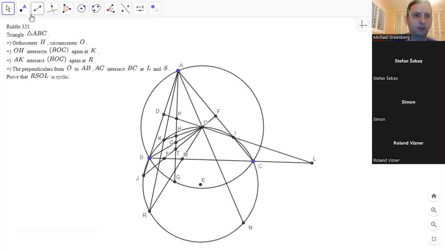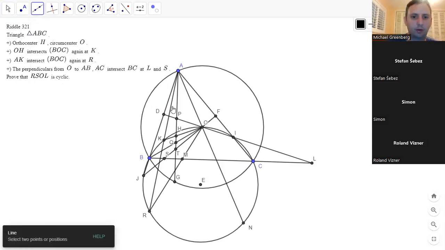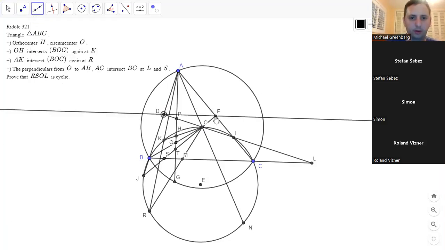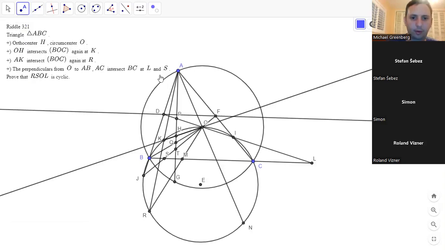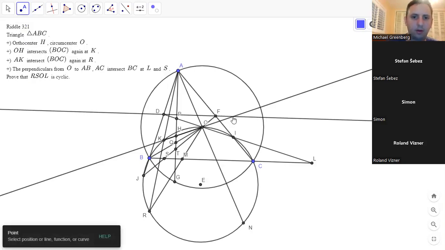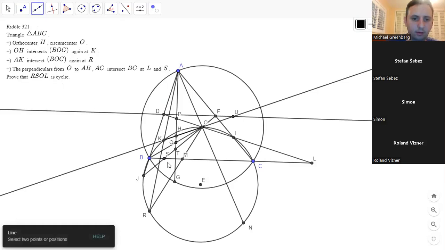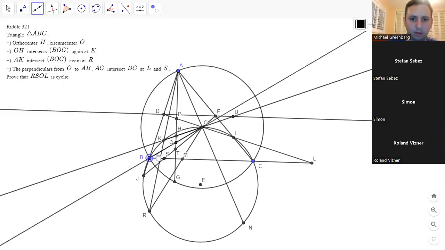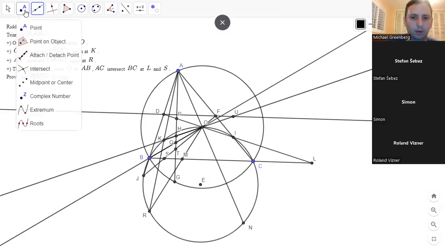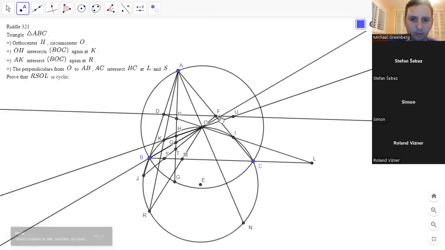So if we take the orthocenter H and we project it through O onto DF, I don't know if there's something special about this point. And then Q is where BO would intersect it. Yeah, I'm not sure how helpful this is though.